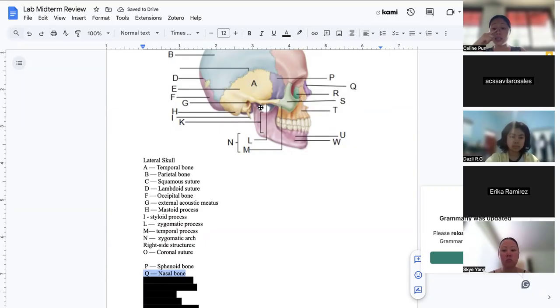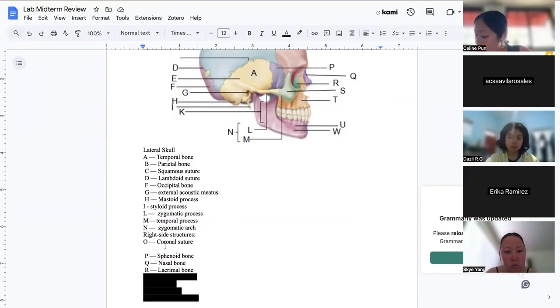If you know any Spanish, this word means tears. Lacrimal. And that's where your tear ducts are. S. This we just already talked about. It is your zygomatic bone.